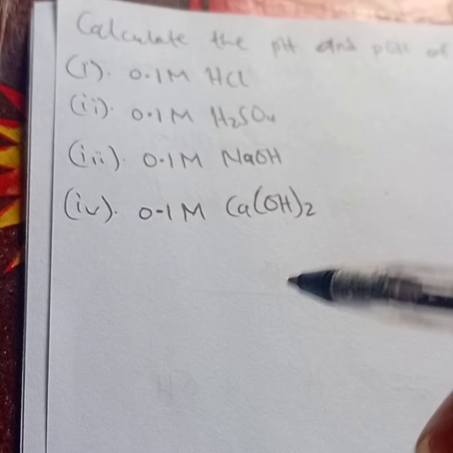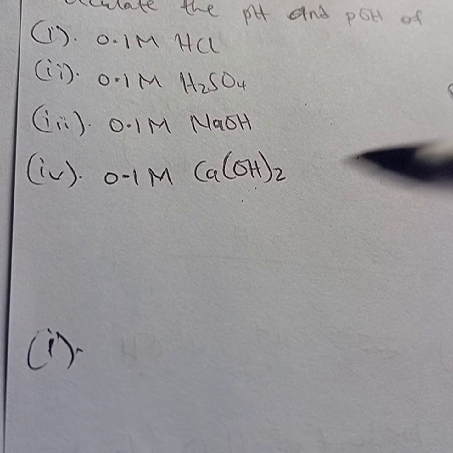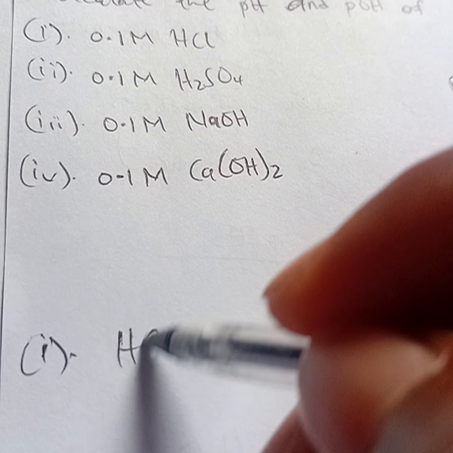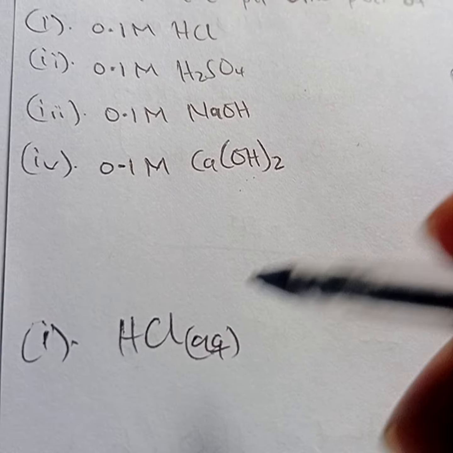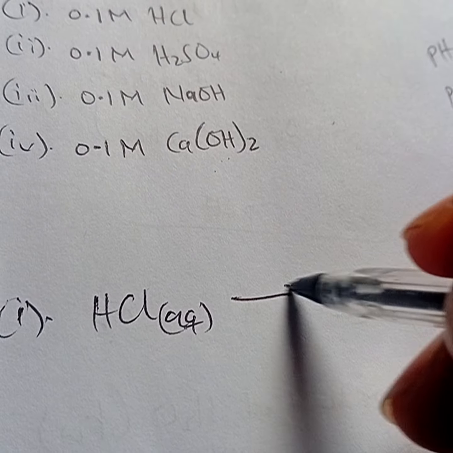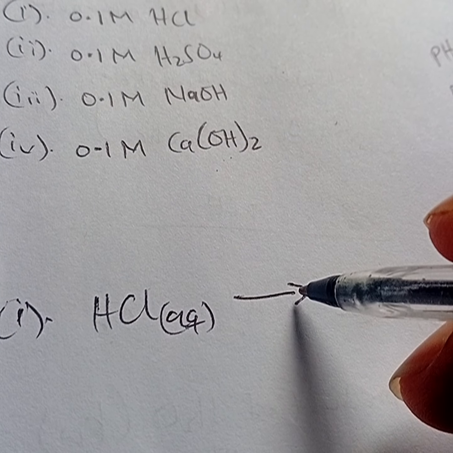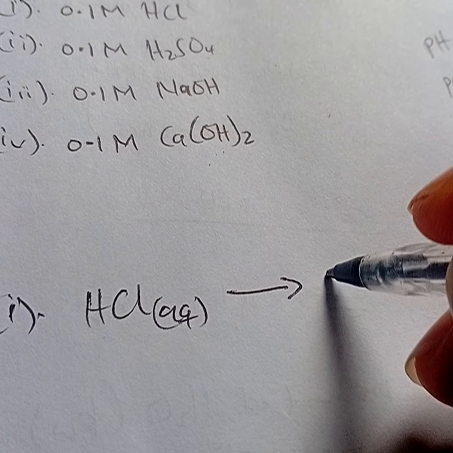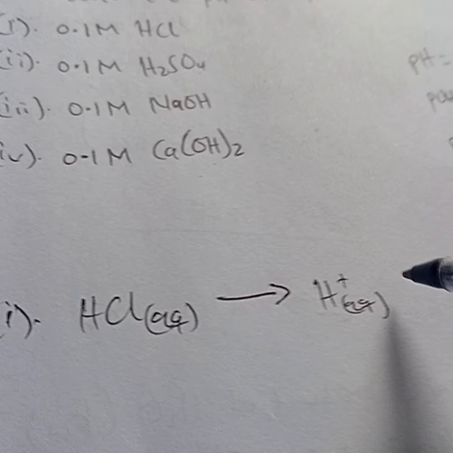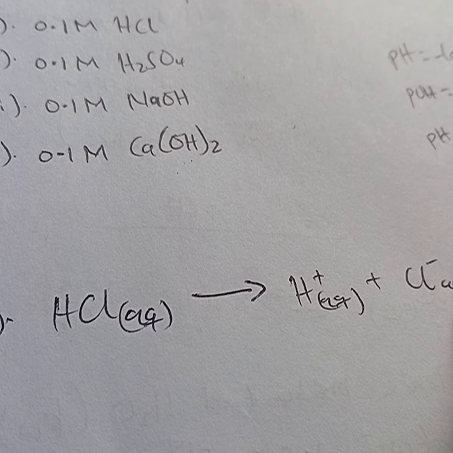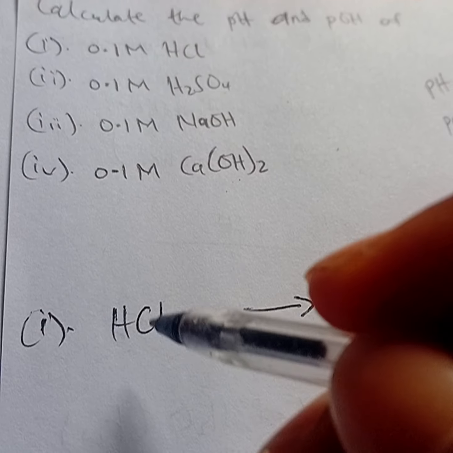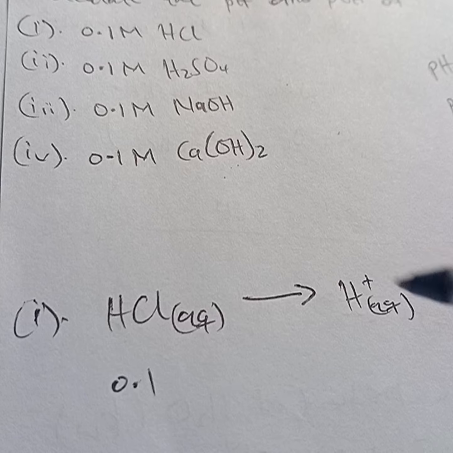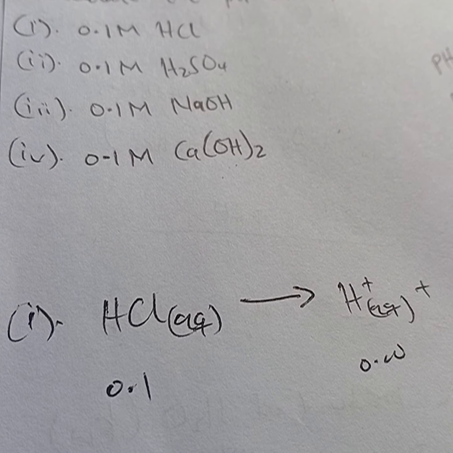So let's take the first one. We first write our equation for the reaction in aqueous media. Strong acid, it will ionize completely, so we use a full arrow. We get H+ aqueous and Cl- aqueous. Here was 0.1, 0.00, 0.00.